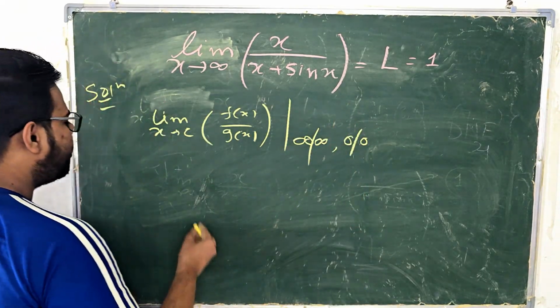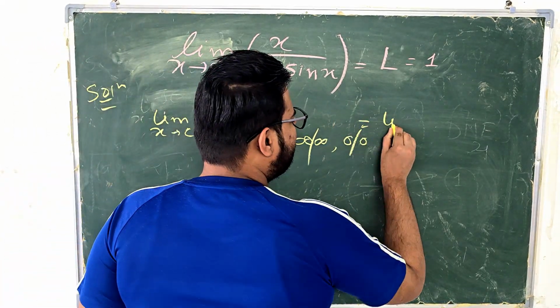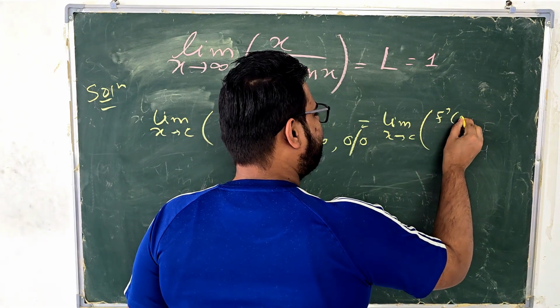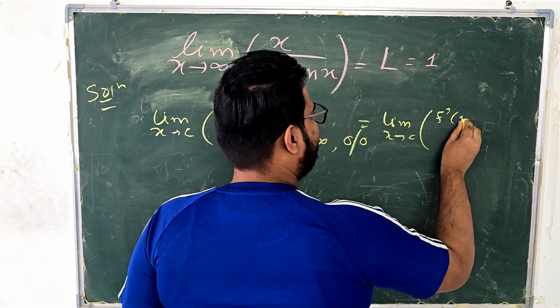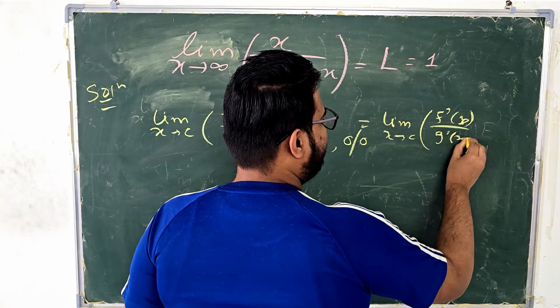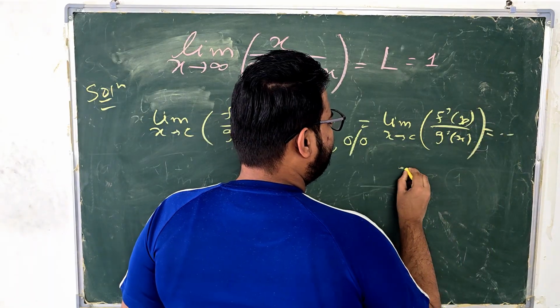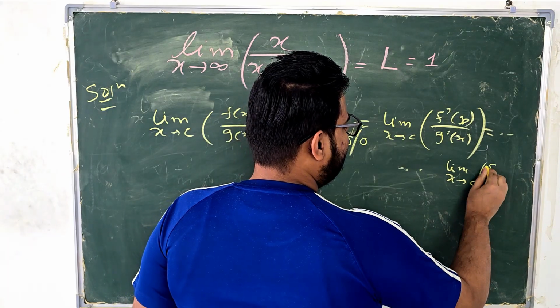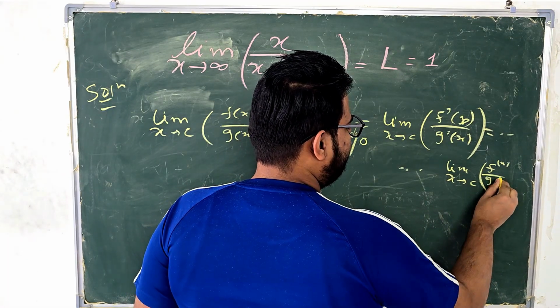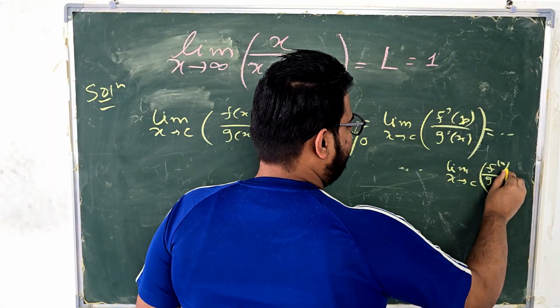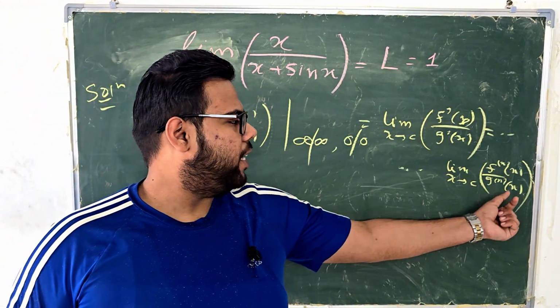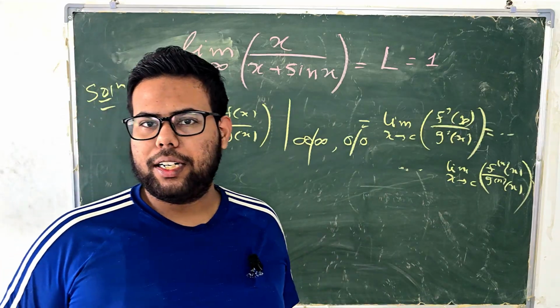So it is basically equal to limit as x tends towards c, f dash at x divided by g dash at x, and so on and so forth. The limit as x tends towards c, f nth derivative divided by g nth derivative at x. Okay, so it is valid till the time you are getting infinity by infinity case.